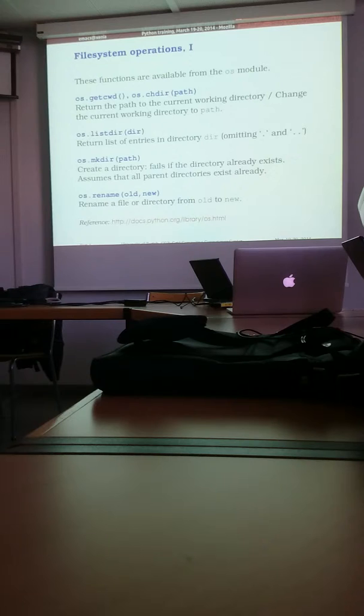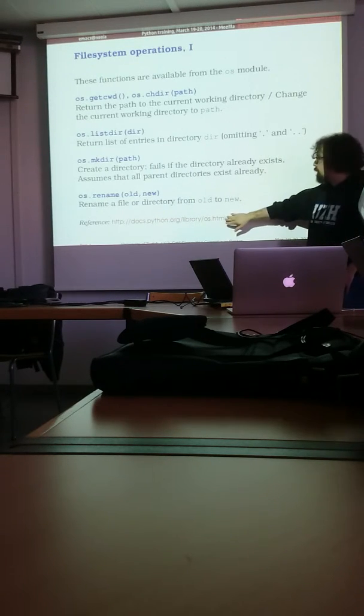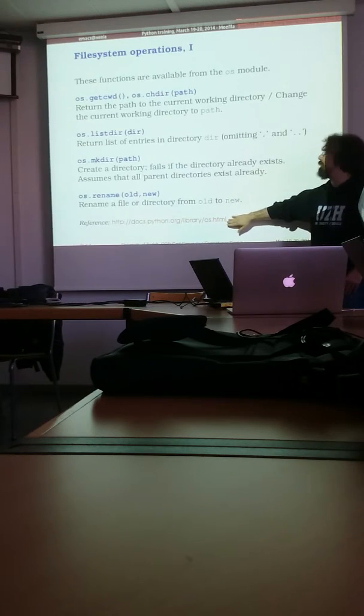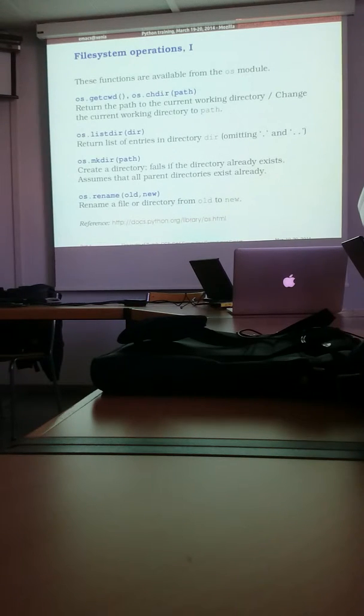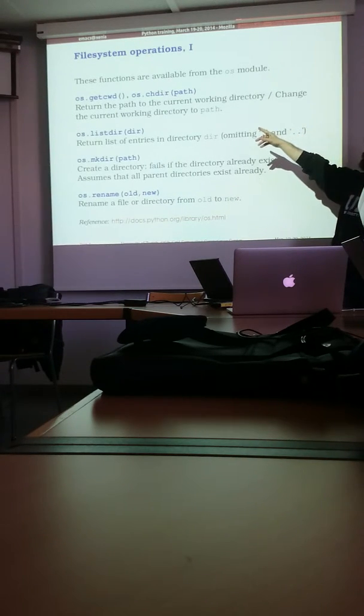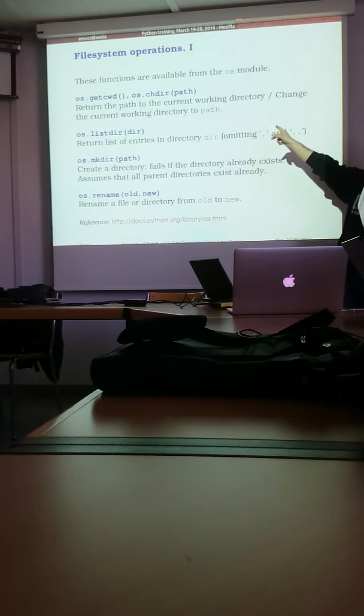So regarding file system operations, all of them, or well, almost all of them, are in the os module. Documentation is here. Things that you might find useful are the functions os.getcwd, get current working directory, and chdir.